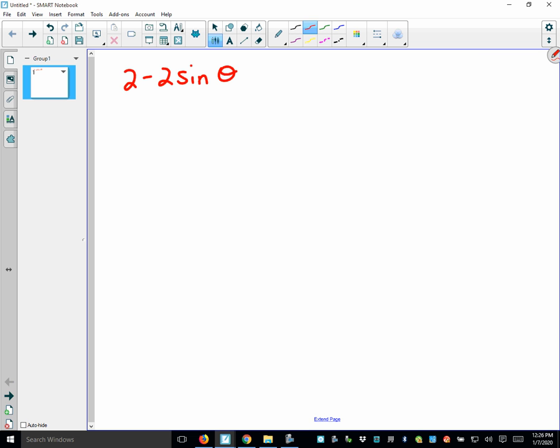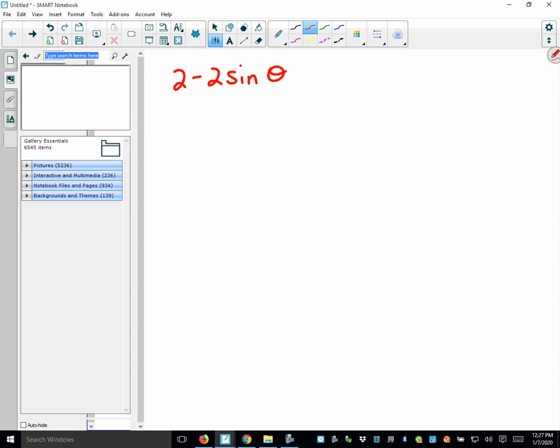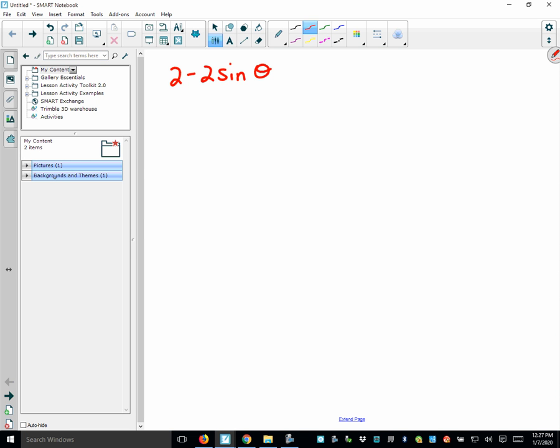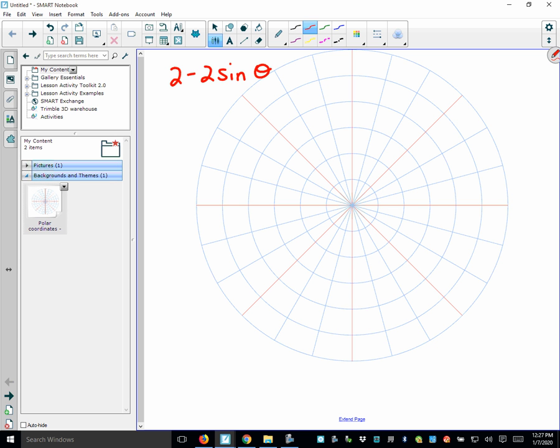All right. Now, when theta is 0, what is r? R is 2.